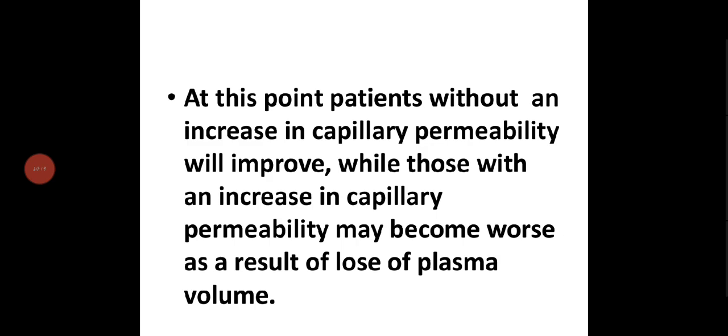At this point, patients without an increase in capillary permeability will improve, while those with increased capillary permeability may become worse as a result of loss of plasma volume. Okay? If the capillary permeability is not increased, then there is no problem. If it is increased, there will be plasma leakage.